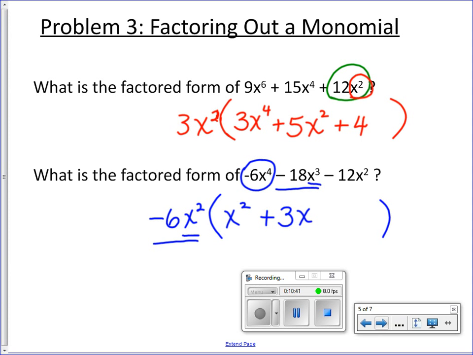All right, and finally, negative 6 times positive 2 will give me the negative 12, and my x squared and x squared is already in the factor. So I'm finished with my factoring, and my factored form would be negative 6x squared times the quantity x squared plus 3x plus 2.